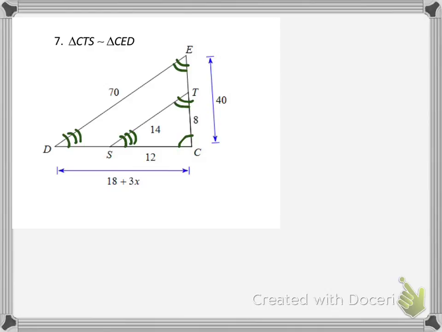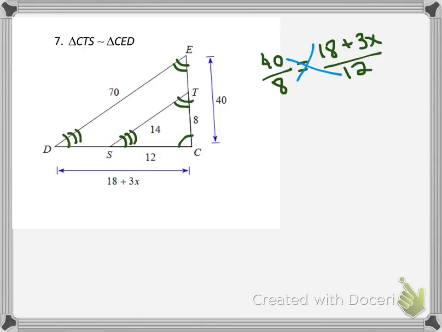So that means the sides have to be proportional. So the long side over here on the right, 40, divided by the shorter side there on the right, which is 8, that ratio has to be equal to the long bottom side, 18 plus 3x, over 12.